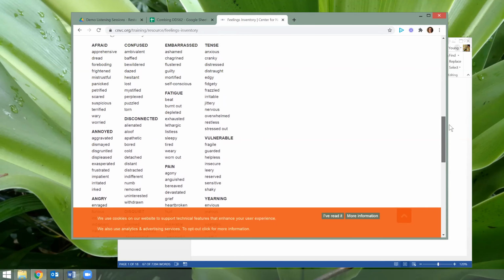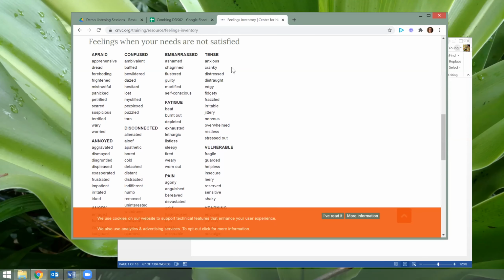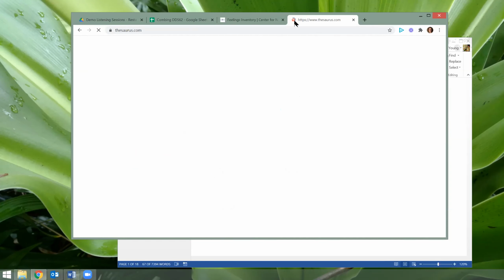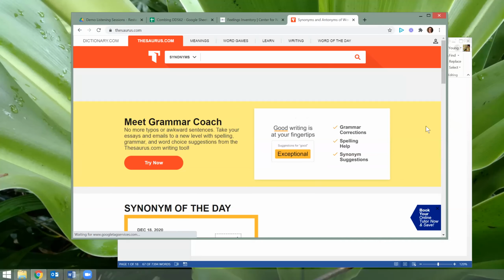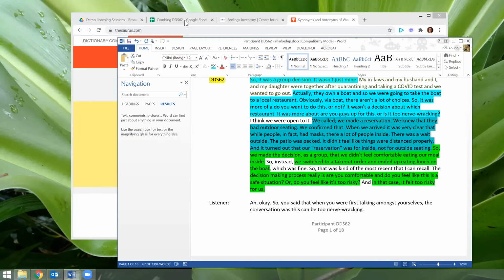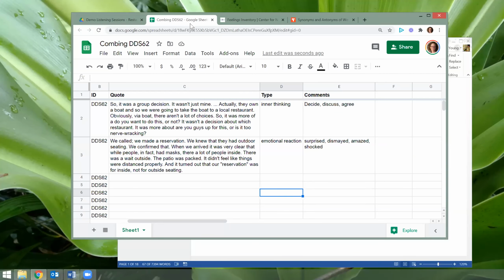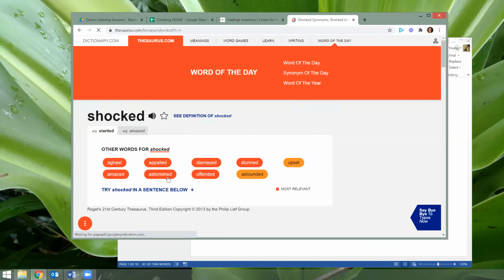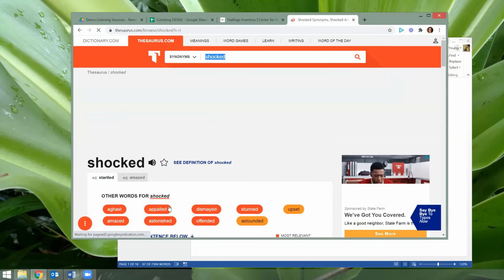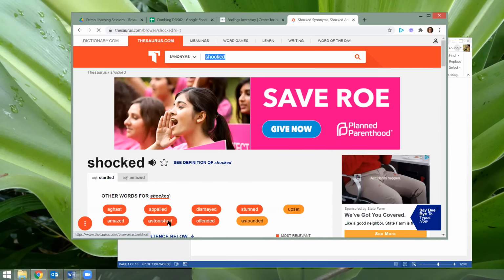Yeah, it's a little bit closer to distressed, maybe, but you can also go to the thesaurus, any one that you want, and say, like, what was that word that I was thinking? Over here, shocked, right? Just look for appalled, astonished. That might be a good word.